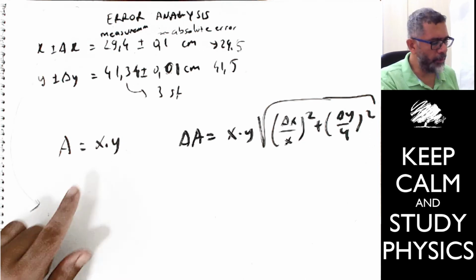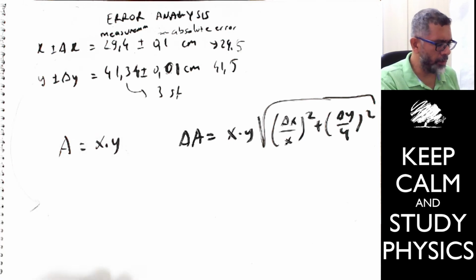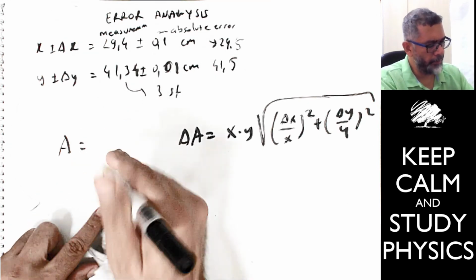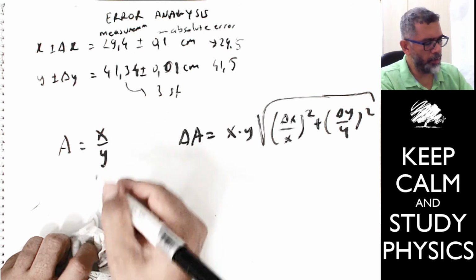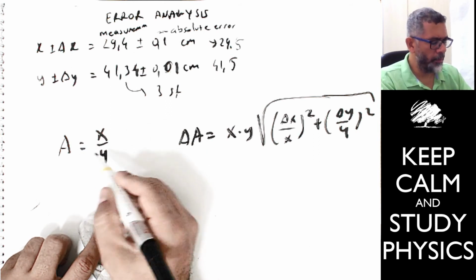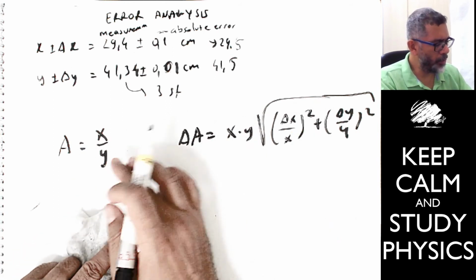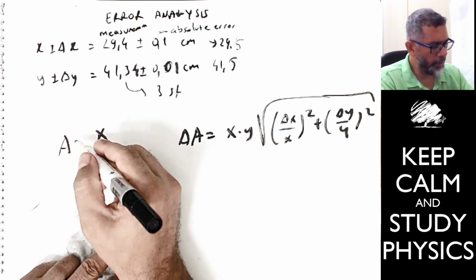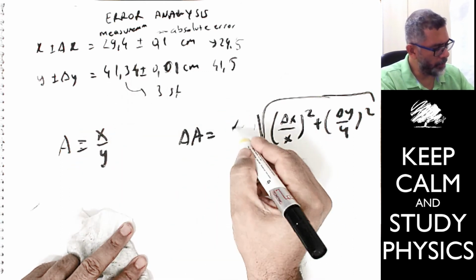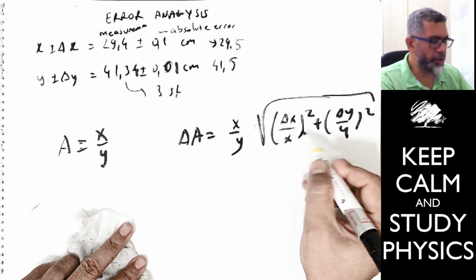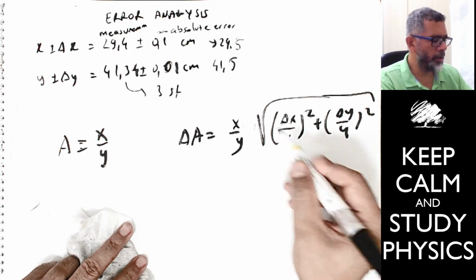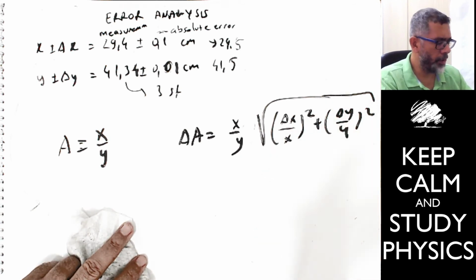Well, what if your result is not an area but something like x divided by y? If you are calculating x divided by y, what about delta a? Well, delta a is going to be whatever this a is, put over here, x divided by y. Don't ever change whatever you see inside the square root. This stays exactly the same.